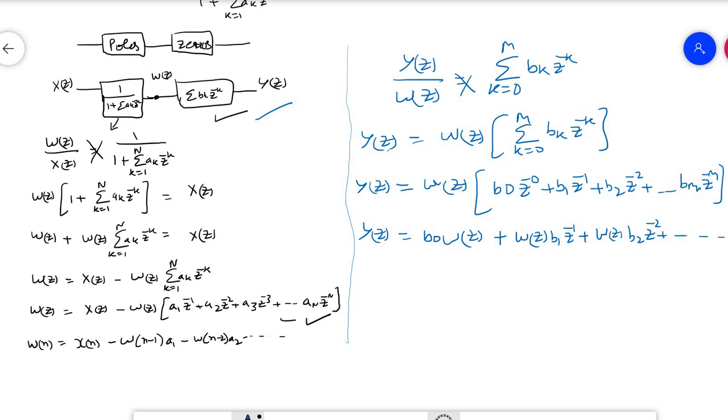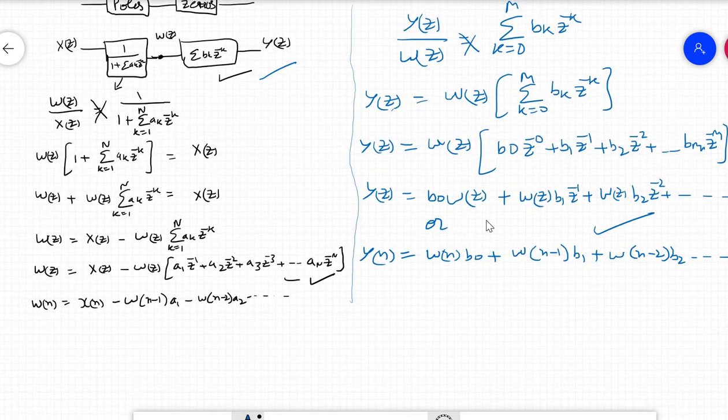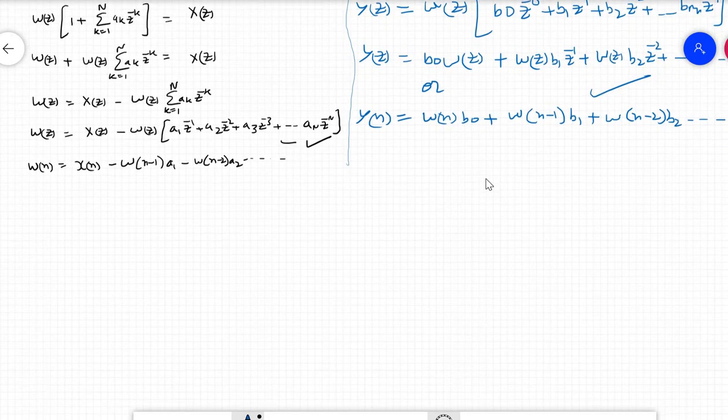Or we can say that in terms of the n domain, y(n) is equal to b0 w(n), then b1 w(n-1), b2 w(n-2) and so on. Now realize the network of these two equations.